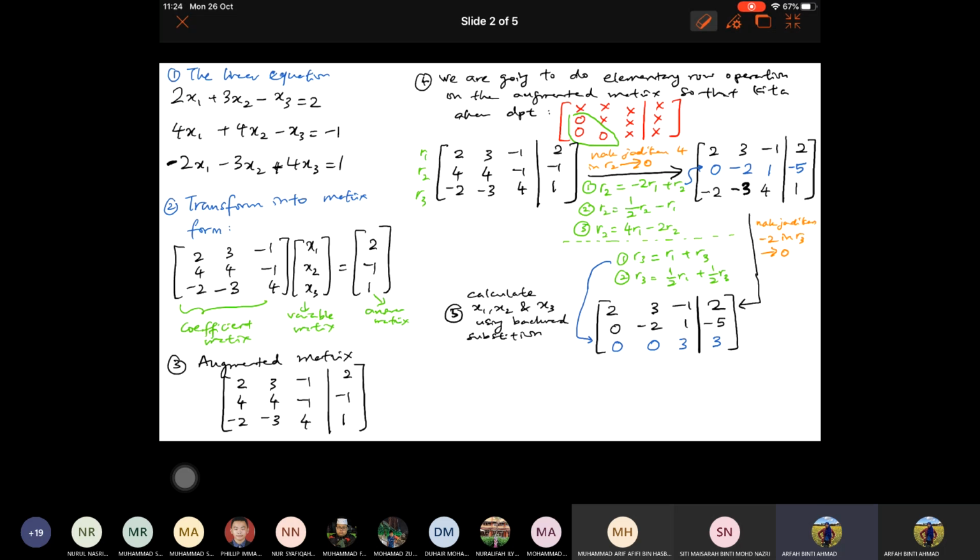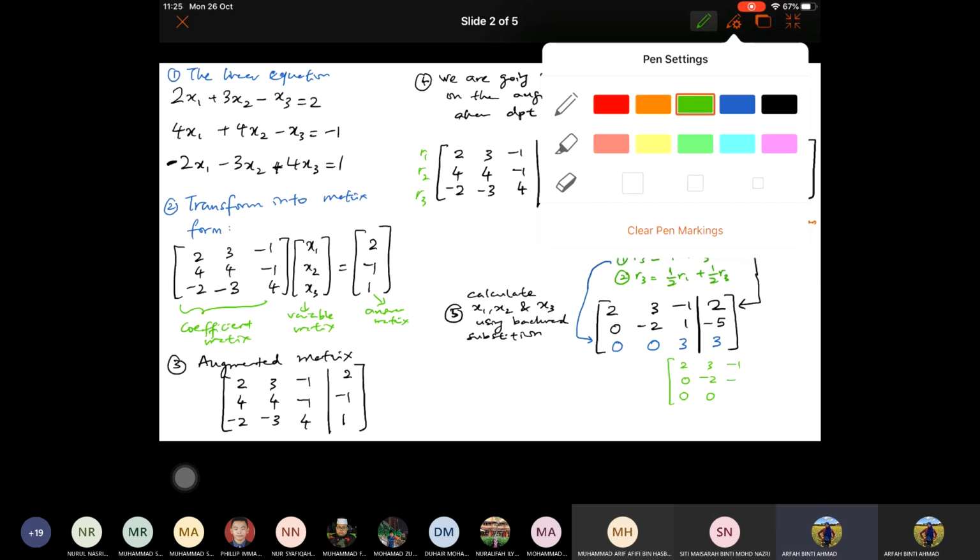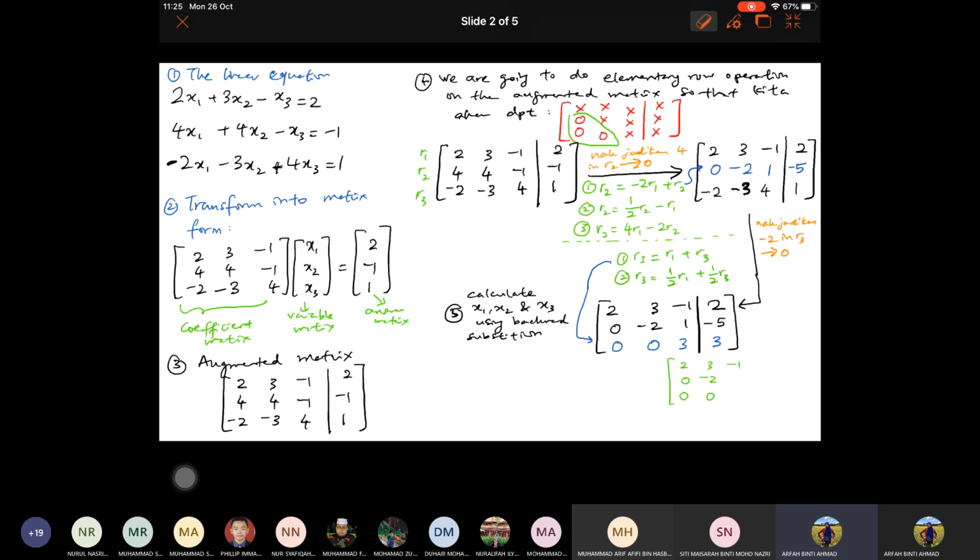So dah dapat bentuk 3 triangle bawah tu. The next one is kita nak selesaikan untuk x1, x2, x3. So macam mana kita nak selesaikan? Kalau awak tengok yang ini persamaan dia sebenarnya adalah 2, 0, 0, 3, negatif 2, 0, negatif 1, negatif 1, and then 1 dan juga 3.